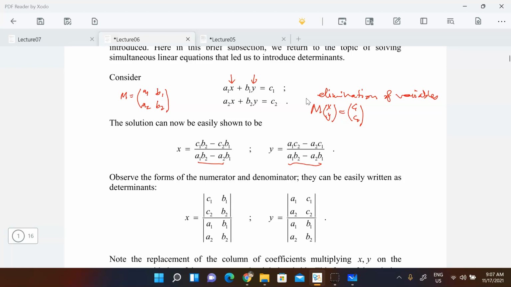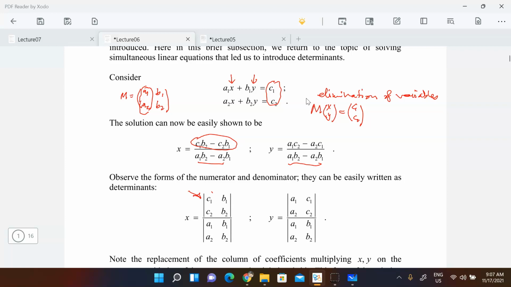So in other words, what we did was to take this as a column here and replace it by that. You can see me scribbling, right? So if you look at the numerator here, they are just the determinant of this matrix.